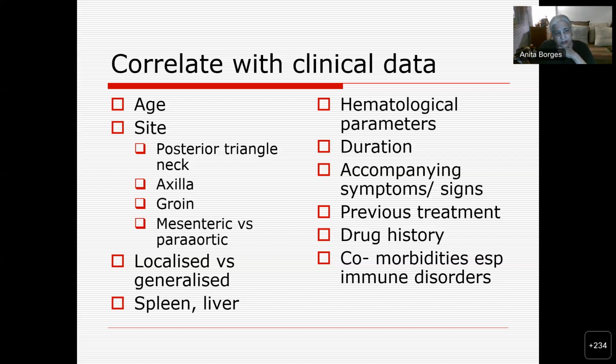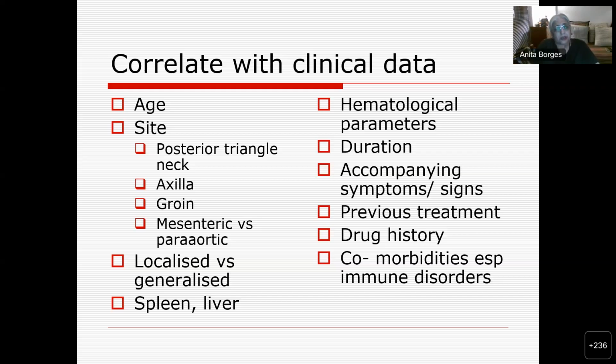Yes, Hodgkin can occur in any of the paraortic lymph nodes, which often, if they are very large, will present as a retroperitoneal lymph node. But the other lymphomas, T-cell lymphomas, B-cell lymphomas, yes, of course, they can involve the mesenteric lymph nodes. If you have disease in the gut, which is lymphoid, the mesenteric lymph nodes would be involved.